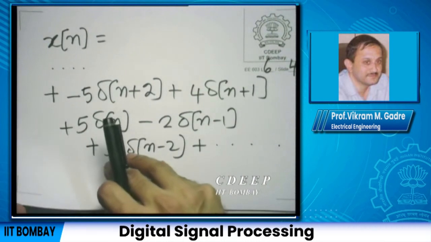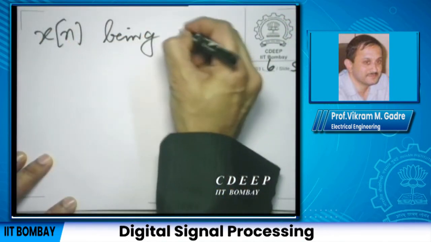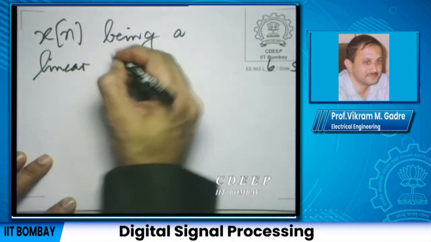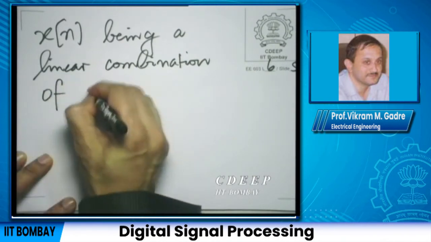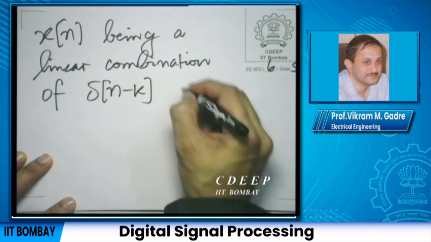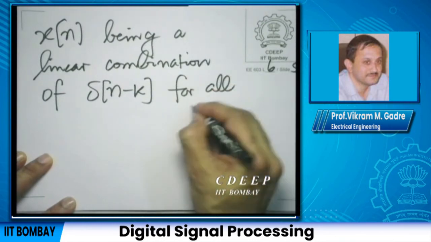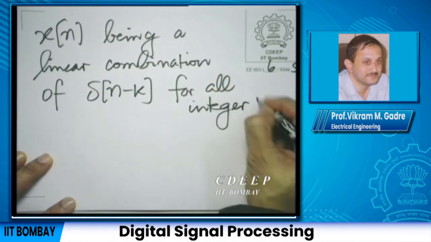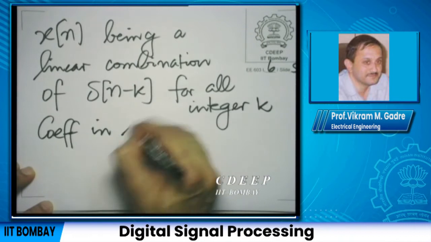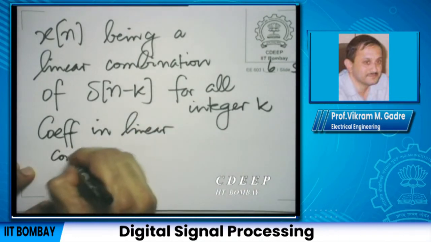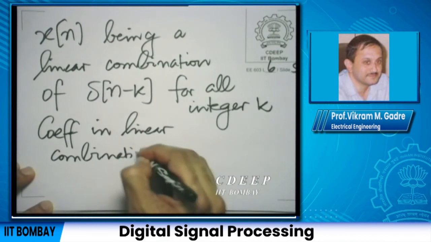So, we have in general x n being a combination of delta n minus k for all integer k and the coefficient in the linear combination is x of k.